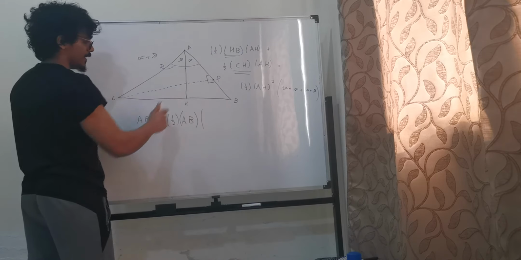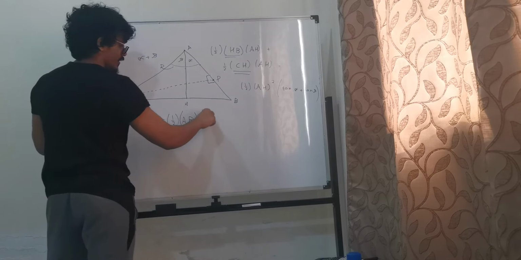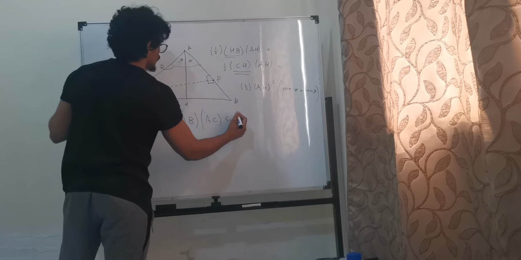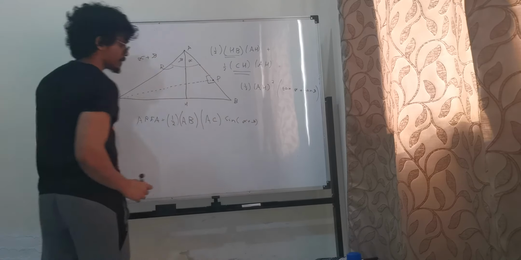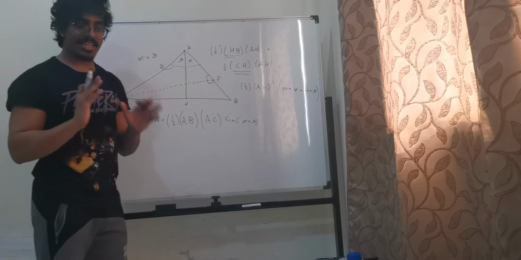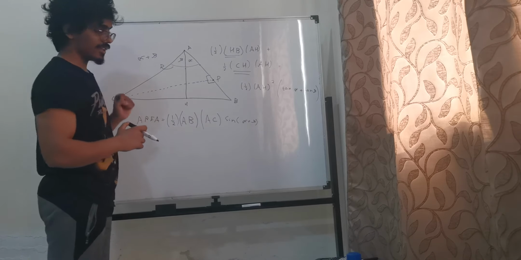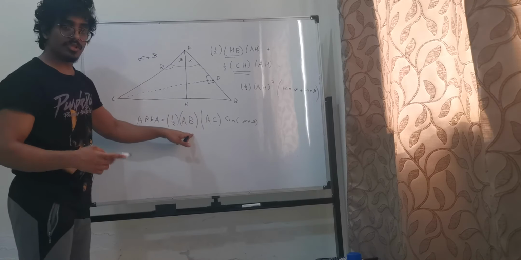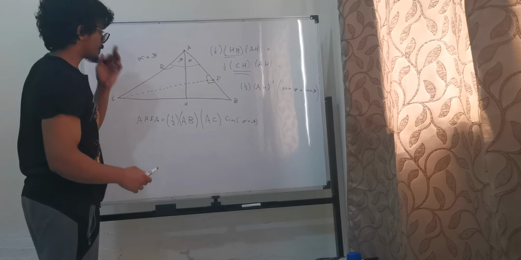So that thing will be the hypotenuse, which is AC, times sine of the angle alpha plus beta. However, as I said at the beginning of the video, we want to express everything in terms of AH. The two things that we don't want are AB and AC.